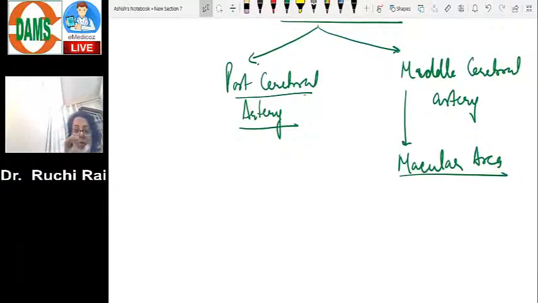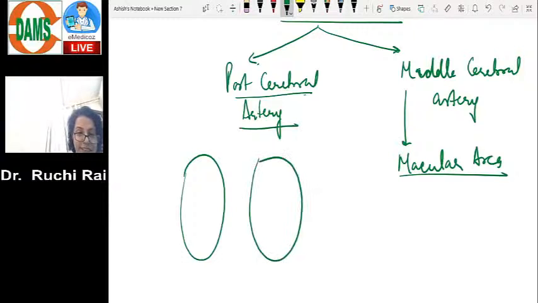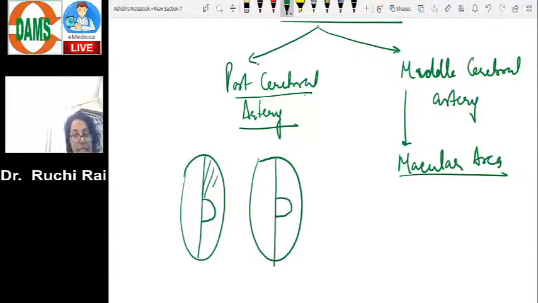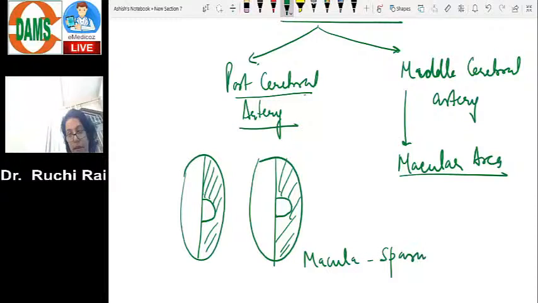Now, any blockage of posterior cerebral artery, of course I am going to get a homonymous hemianopia, but macula is spared. If I leave this round area, macula, the rest of the shaded part is gone. This is your macula sparing homonymous hemianopia.